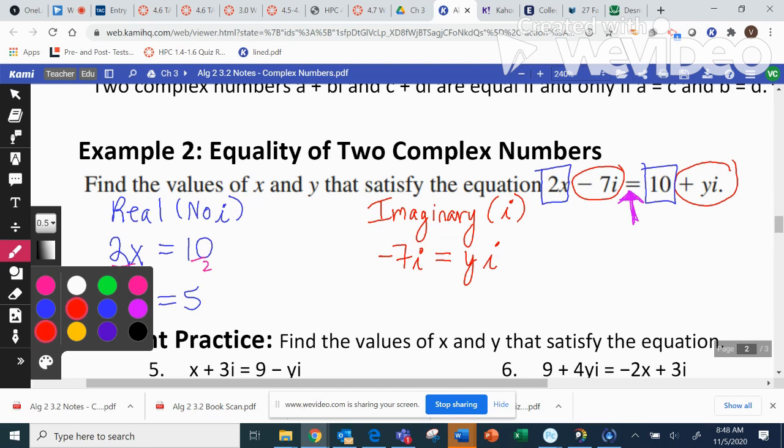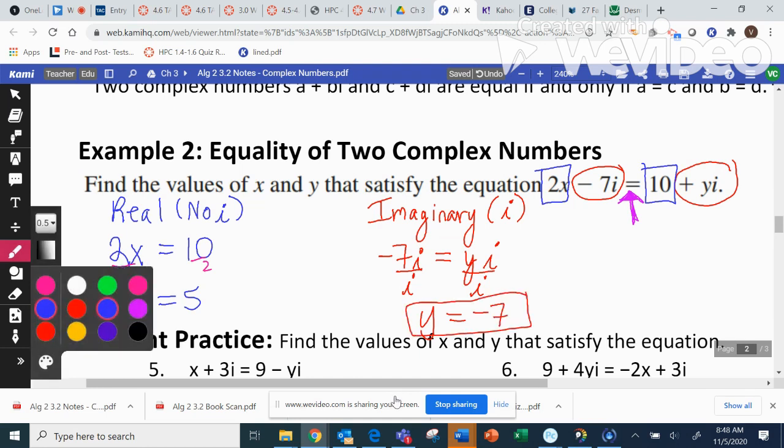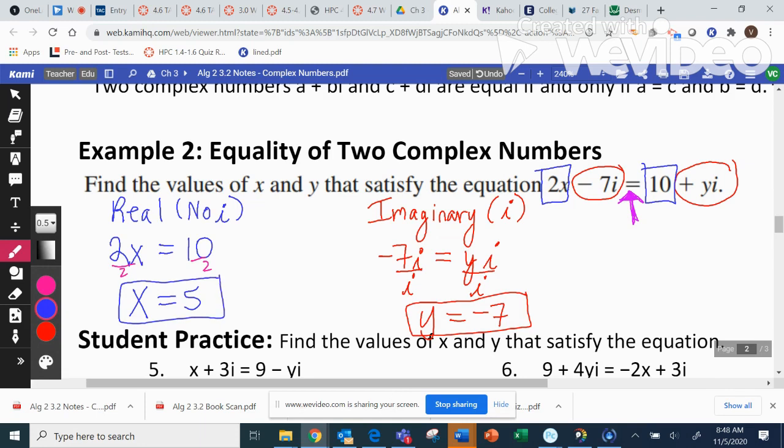I don't really care about getting negative 7 by itself. It does end up separating because I'm dividing it, but I'm trying to isolate the variable y so I can find what y equals. So in this equation, I am just finding the values of x and y that satisfy this equation, that make it true.